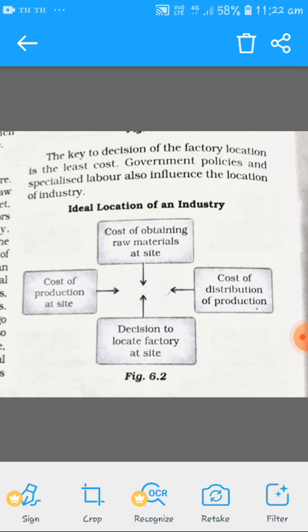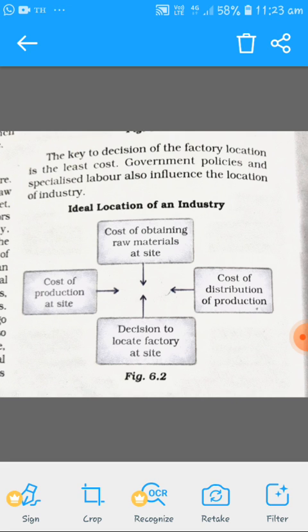Every industrial entity aspires to have a least-cost industry, meaning they always try to minimize costs so that their profit can be increased.